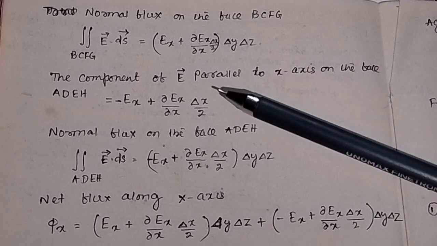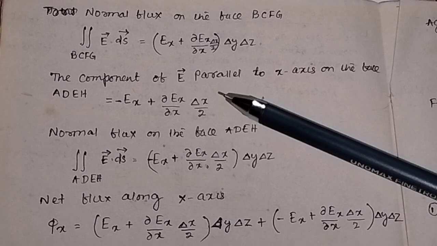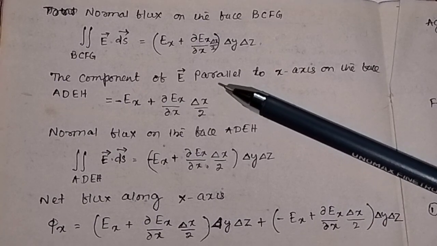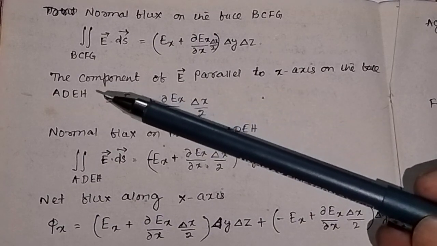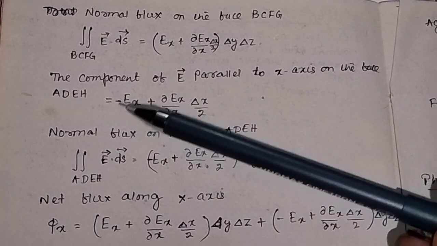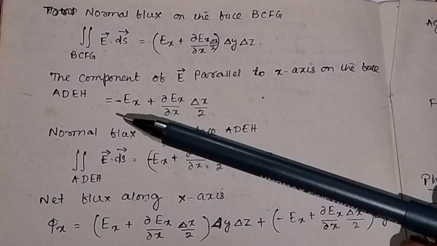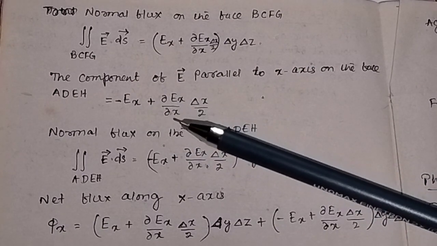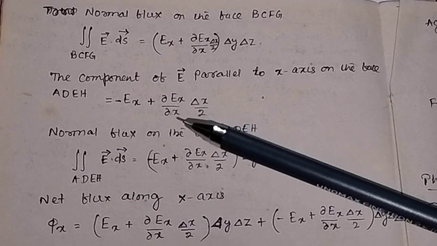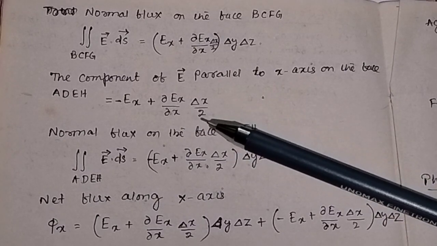Similarly, the component of the vector field parallel to the x-axis in the face ADEH is in the opposite direction, that is why Ex will be negative. So minus Ex plus del Ex with respect to x into delta x by 2.